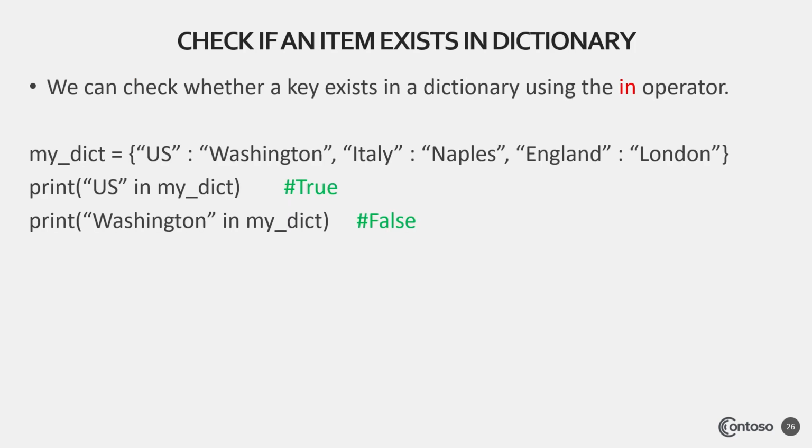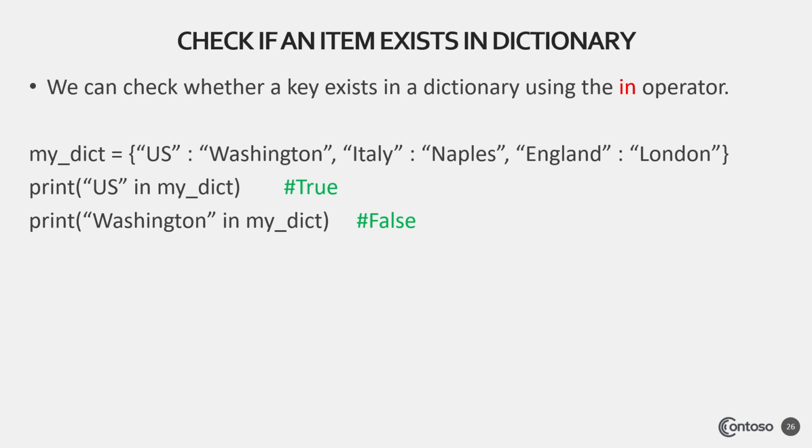To check if an item exists in a dictionary, we use the in operator as the membership operator, same as with lists and tuples. In the print we use US in my dict. It checks if the US key is present in my dict, and yes, True.